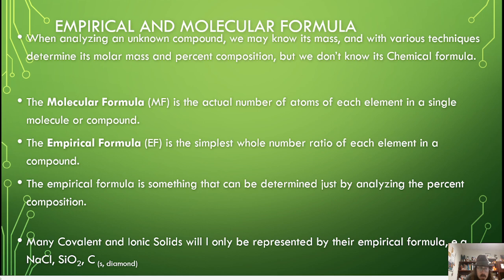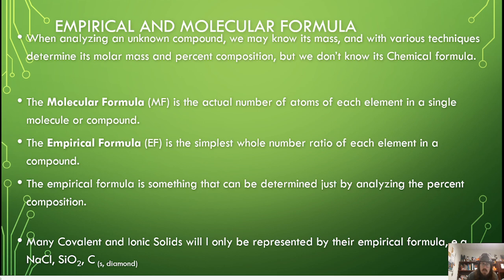Now, there are some things that cannot have a molecular formula because by their very nature, they are not an individual molecule. Covalent and ionic solids can only be represented by an empirical formula, the things that only get formula units. Sodium chloride is made up of, as I said, billions upon billions of sodiums and chlorines. But the simplest whole number ratio is 1 to 1.